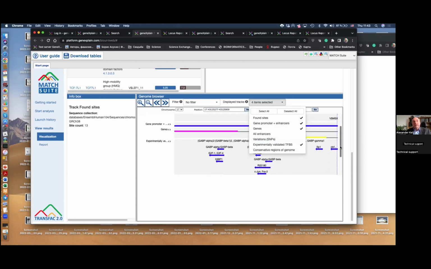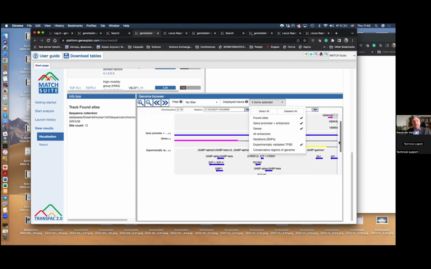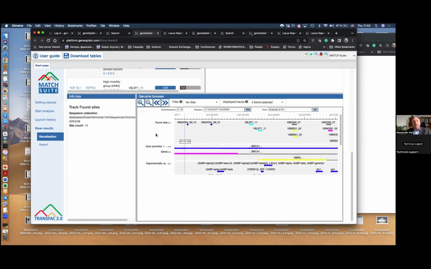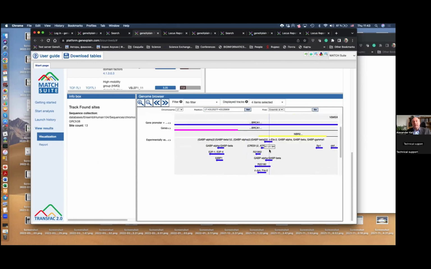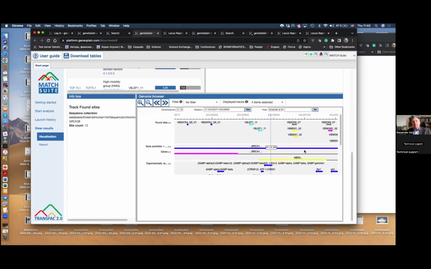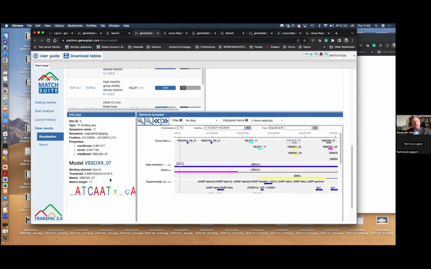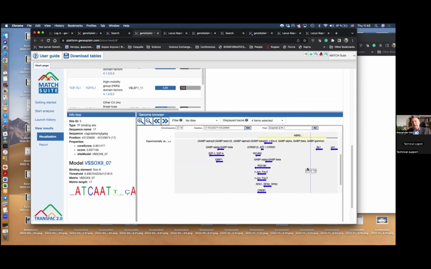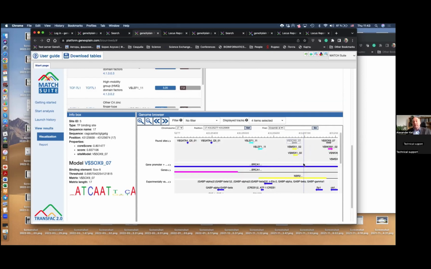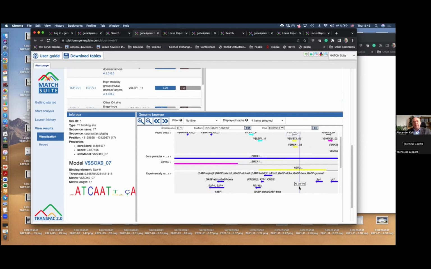As you can see, some of those coincide with those we predicted here, although the known binding sites are known in various different tissues, while the predicted ones are focused on the tissue of our interest. That's why sometimes you find a very good site like SOX9 here, but there are no experimentally known binding sites for SOX in that region, because maybe no experiment was ever done in that particular tissue for that region.